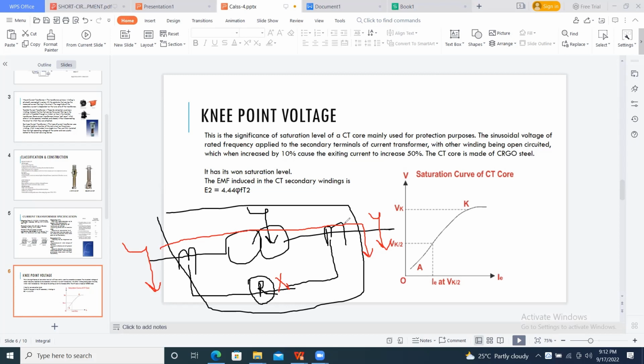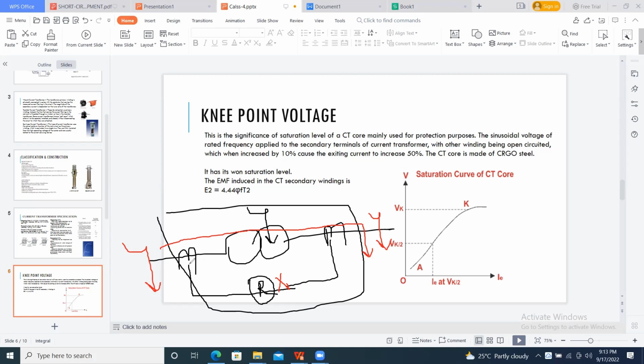So after this knee point voltage, the excitation current of both current transformers will be extremely high, which may cause a mismatch between the secondary currents of my LV and HV sides, and this leads to mal-operation of my differential protection. Got my point?